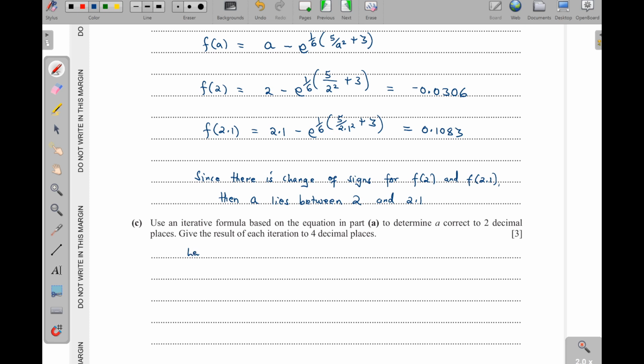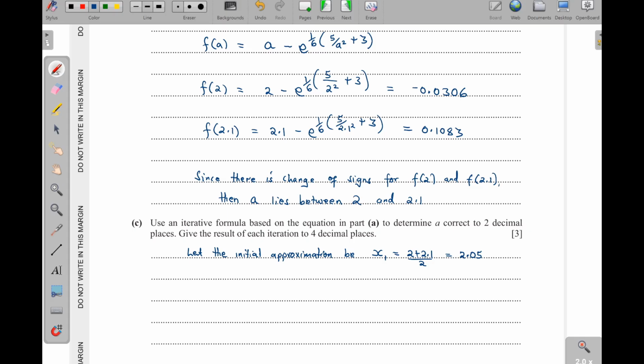So I'll let the initial approximation be x1, which is 2 plus 2.1 over 2, which is going to be 2.05.